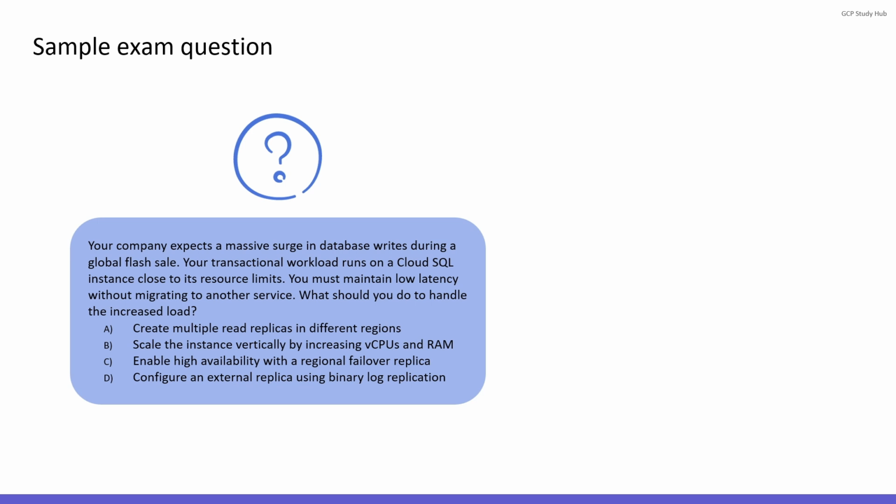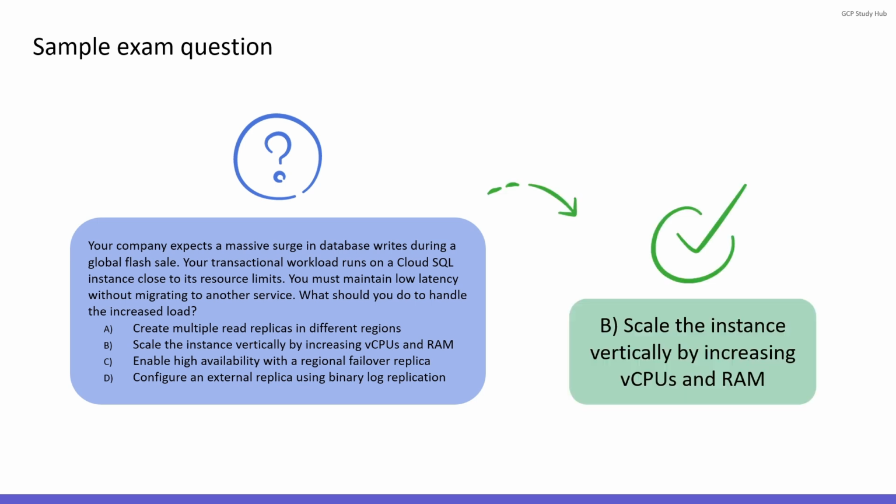So the correct answer here is option B, which is to scale the instance vertically by increasing vCPUs and RAM. This approach allows you to support the higher write load without changing services, which fits the requirements to maintain low latency and avoid migration.